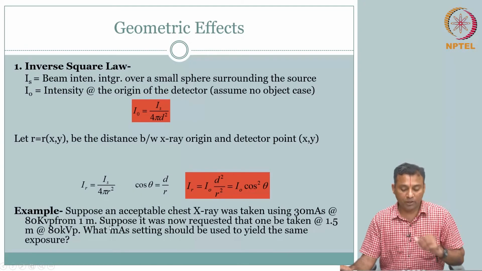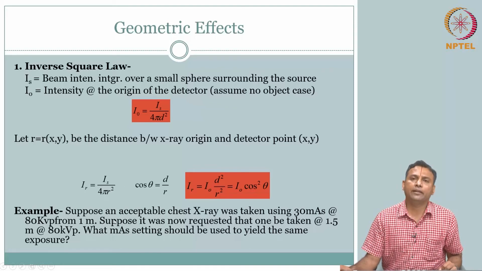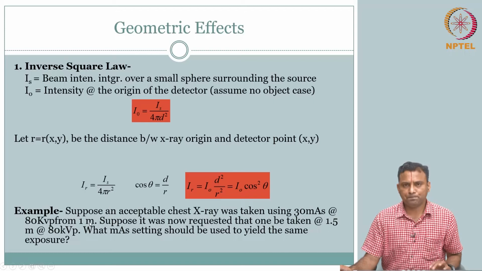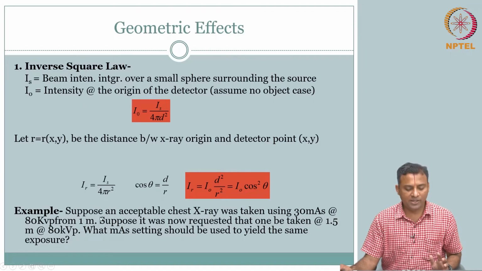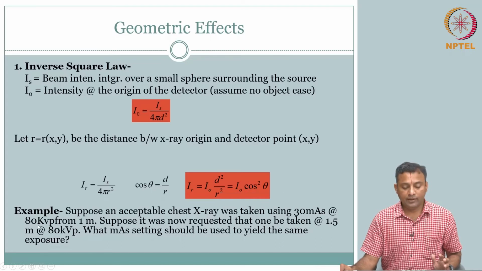So, why is this important? This inverse square law per se, just an example here, is very commonly used, because it is a very common scenario. So, you have an acceptable chest X-ray, they have some setting, 30 milliampere second at peak voltage applied of 80 kilovolts.